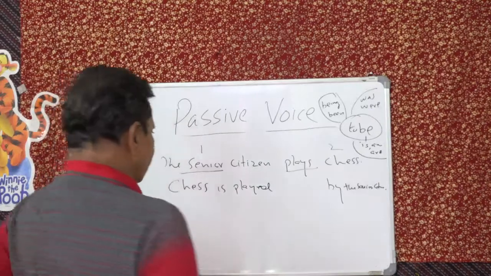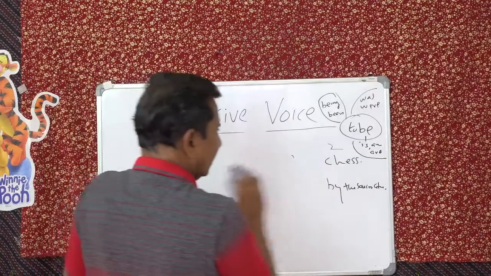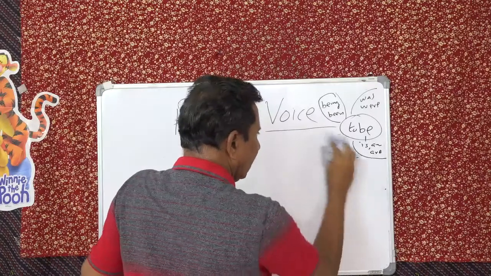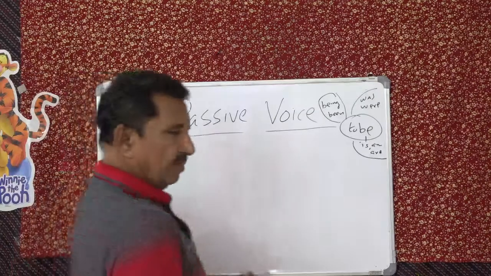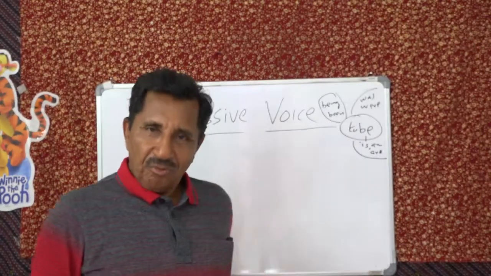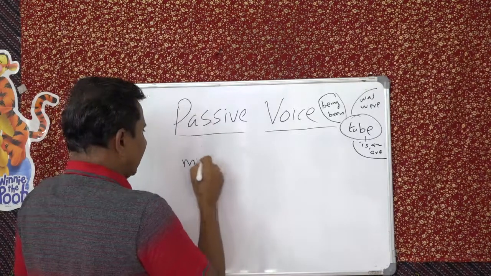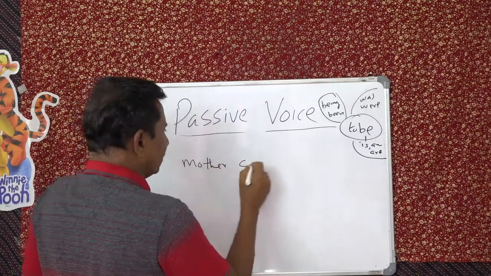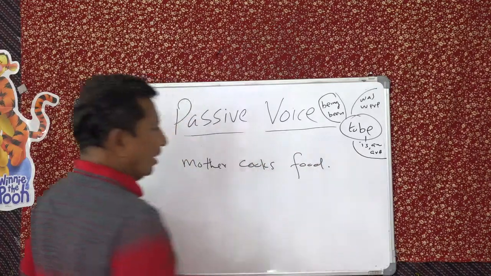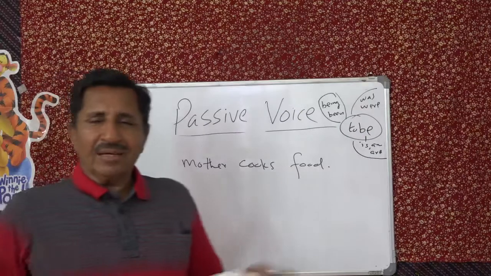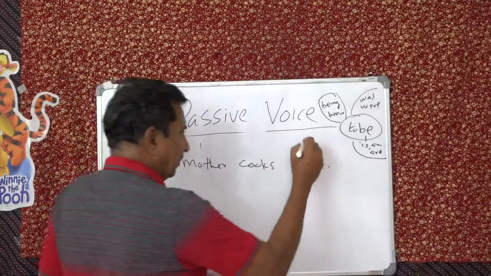Okay, let's see once again. Another example. Mother cooks food. Simple, no? Mother cooks food in the kitchen or outside, wherever it is. Simple sentence. So this is subject, this is object.